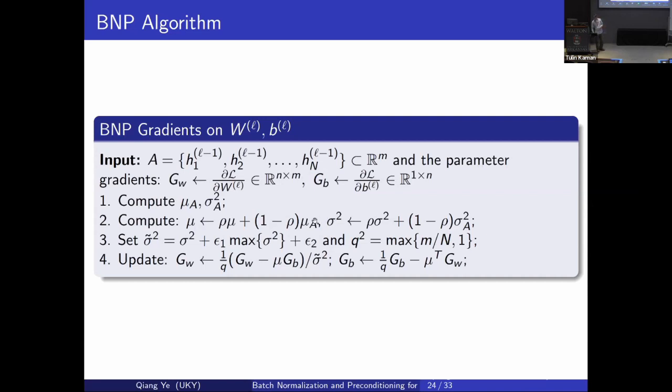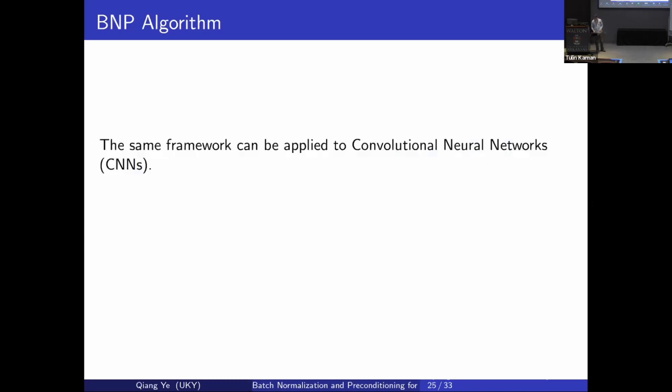To make things smoother, we use a running average of the mean and variance, add something small to prevent division by zero, and then apply P transpose P. P transpose P is a very simple matrix, a diagonal plus a rank 1 matrix. So it comes down to the simple update in the last line, step 4 there. That's what we call the BMP algorithm.